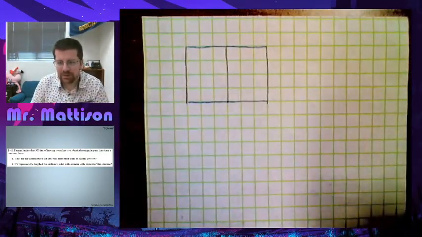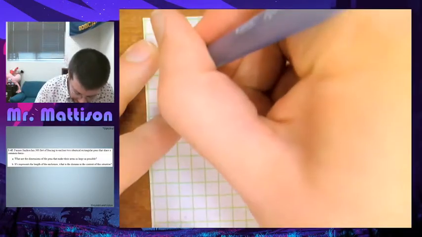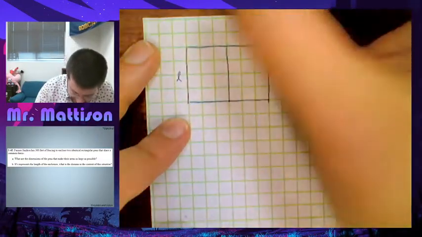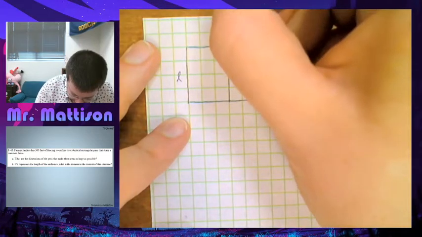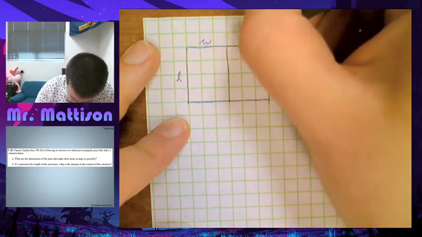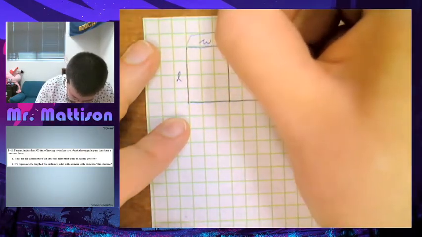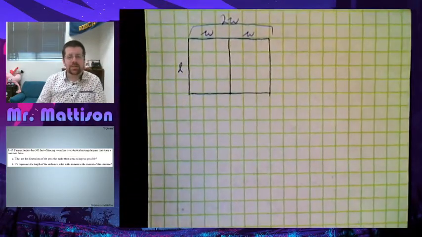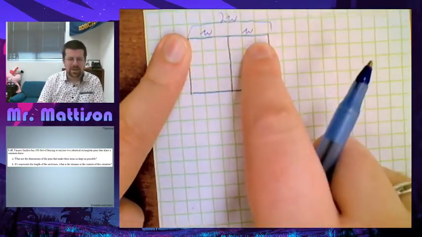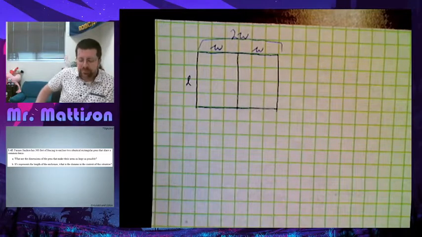So I can start by labeling the things that I know. I'll call this my length. I'll call this a width, this a width, and I'll call the whole thing 2W. I could have done the width as the whole thing, and then these are each half a W, but why add fractions if you don't have to, right?